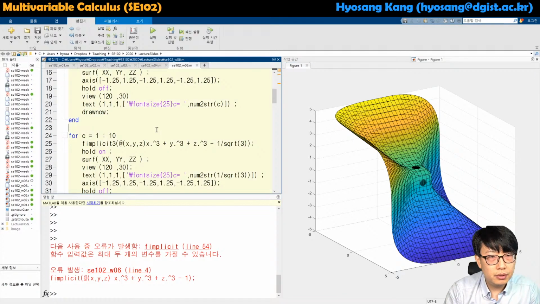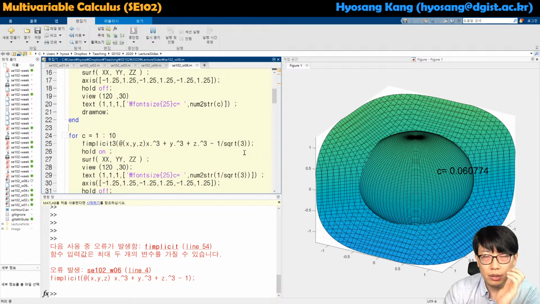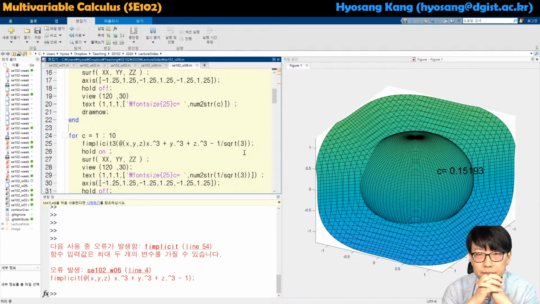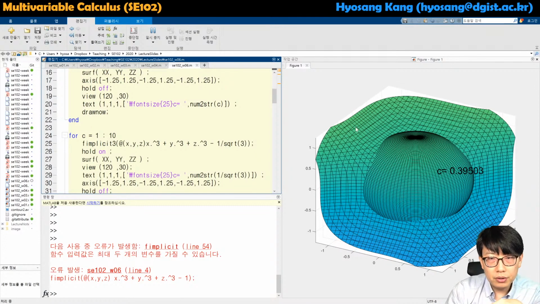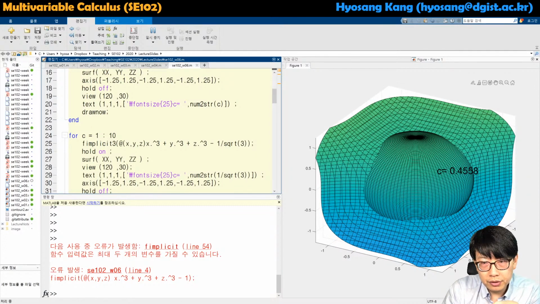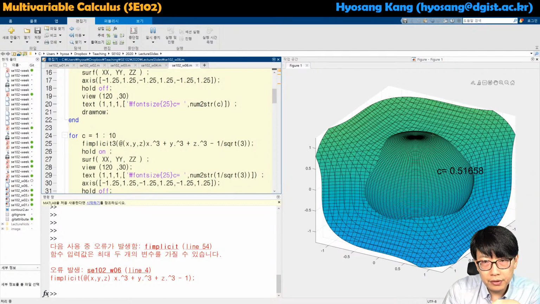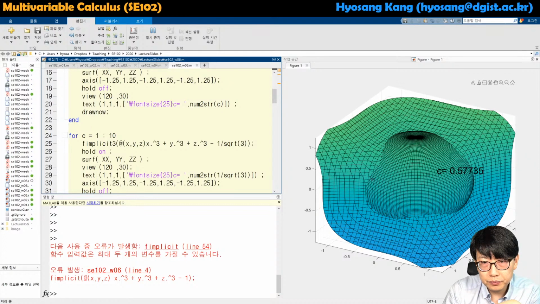So let's look at the picture. I'm just using the first octant. When c is 0, there is lots of touching. There are actually curves of points that touch each other. There are many points which attain this value c of the function f.